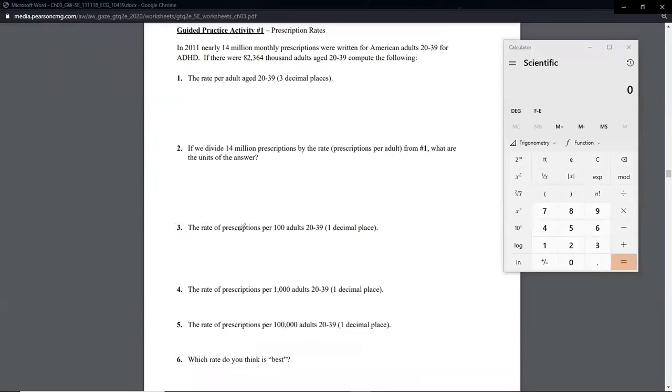So it's comparing prescriptions to people. So it's 14 million prescriptions per 82,364,000, and I'm just going to write that number with all the zeros and everything.